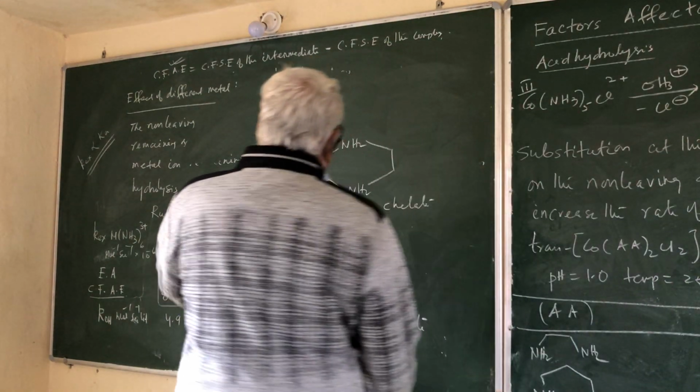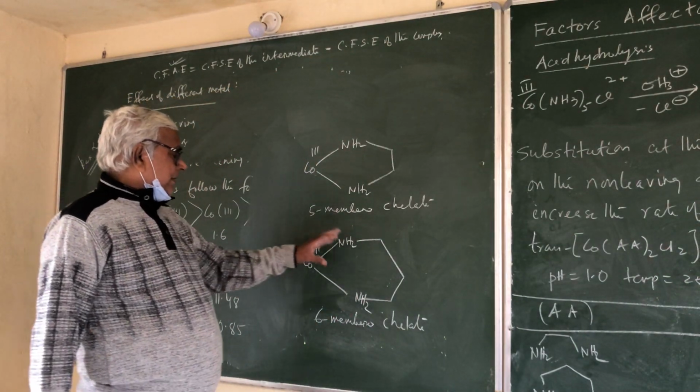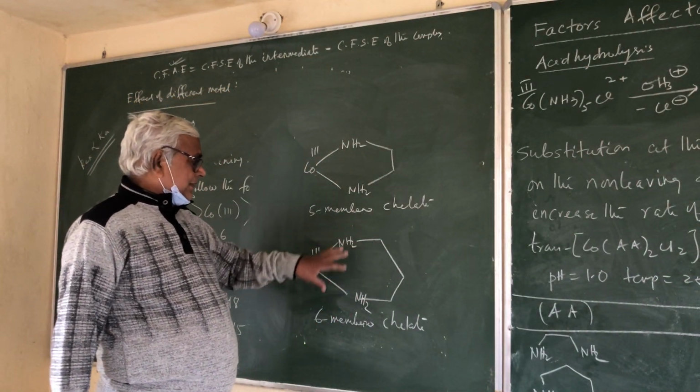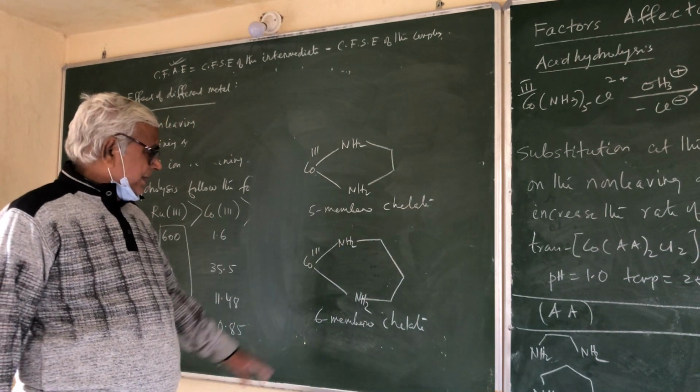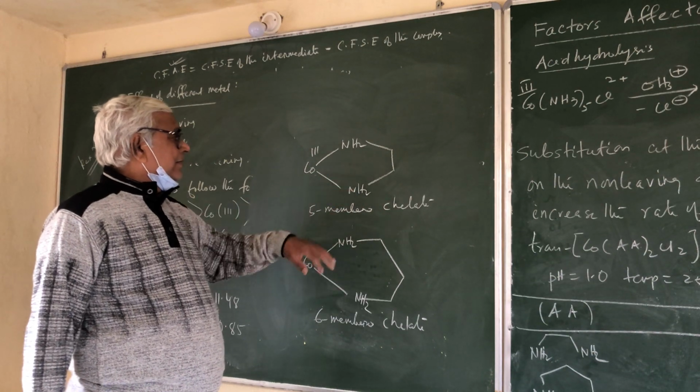Therefore, here the conformational change is easier. This is less stable, less rigid. So the formation of the intermediate will be easier here compared to that of here.